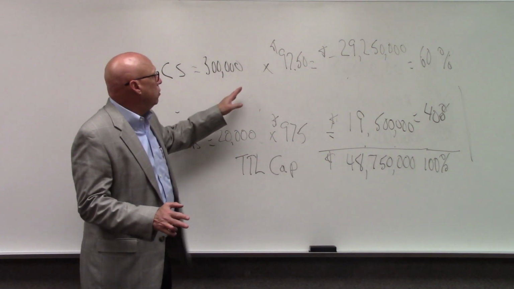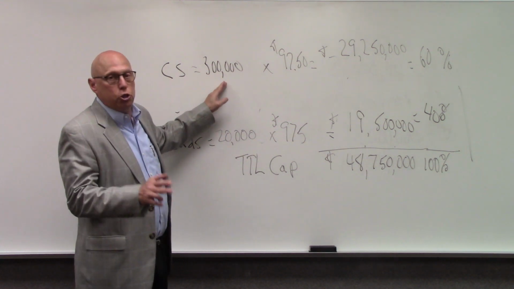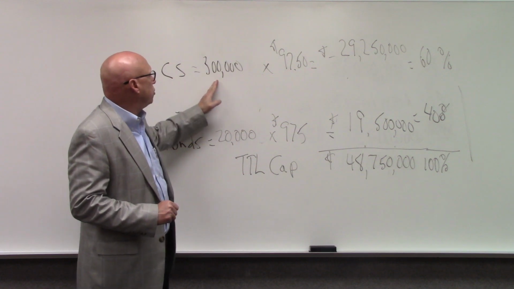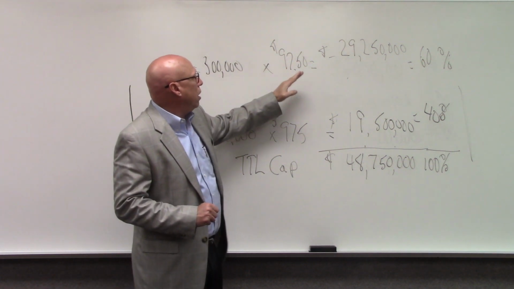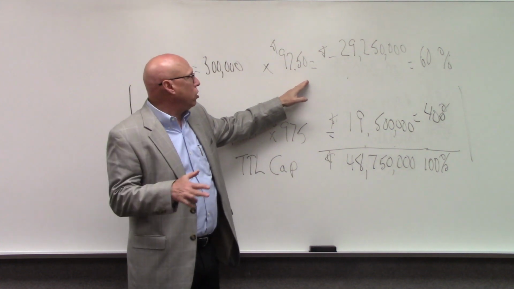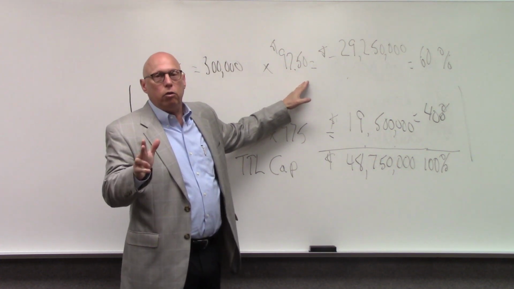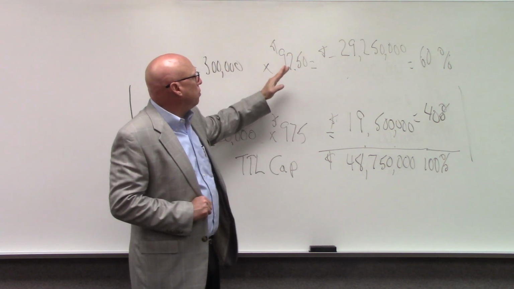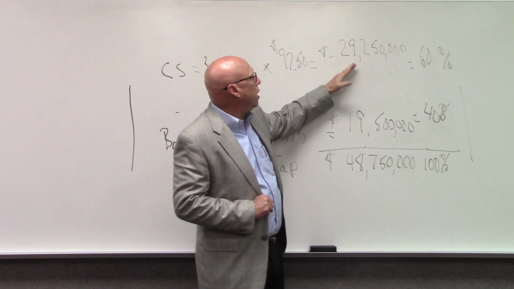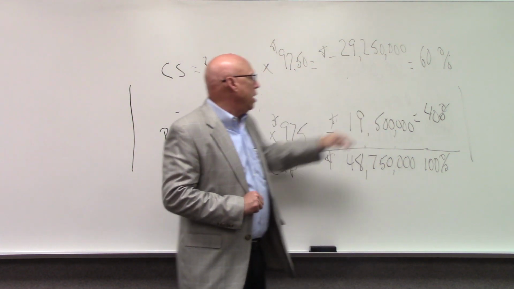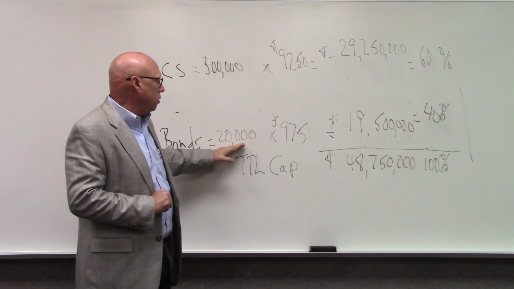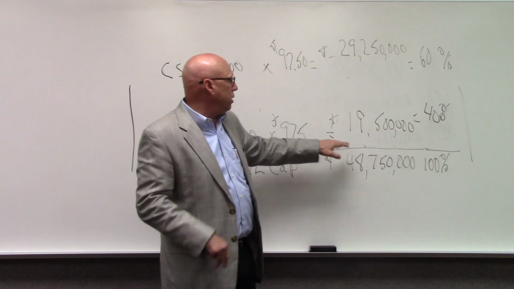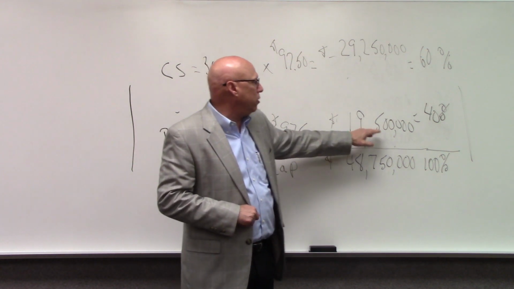I hope that I've taught you enough that you can multiply with a calculator 300,000 shares times $97.50. I know that's hard, but I have faith in you. I believe you can do it, and that you'll get 29,250,000. I believe that you will multiply 20,000 bonds times $975 per bond. You can press the right buttons and the calculator will give you 19,500,000.